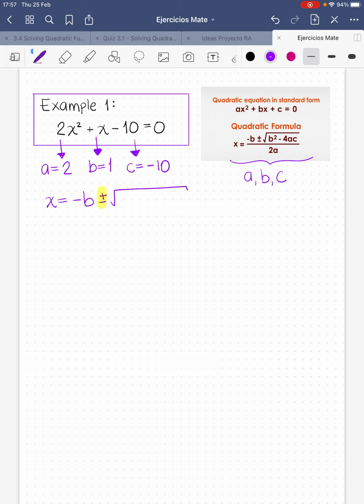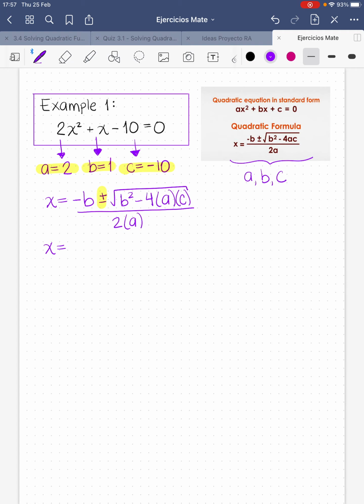So first b squared, so this is b squared minus 4ac, no? So it's 4 times a times c divided by 2 times a. So the first thing that we're going to do is we're going to substitute each one of the letters with the values that we have over here.